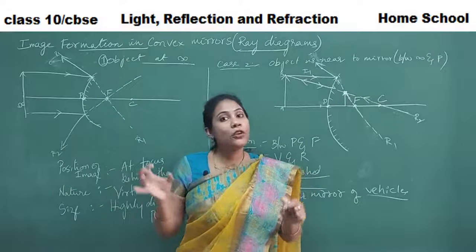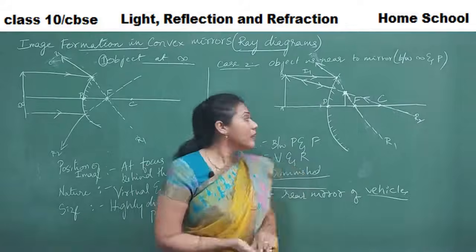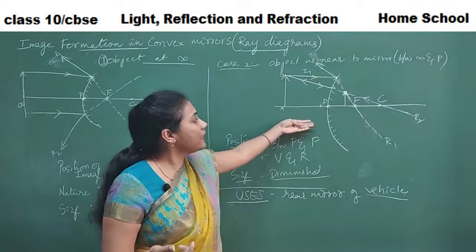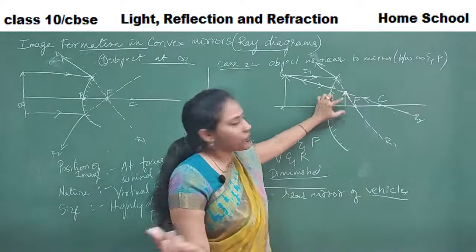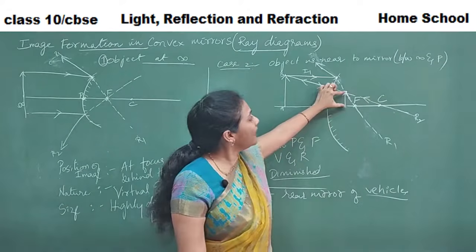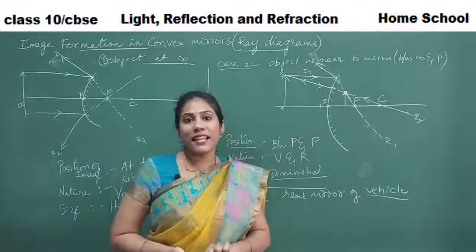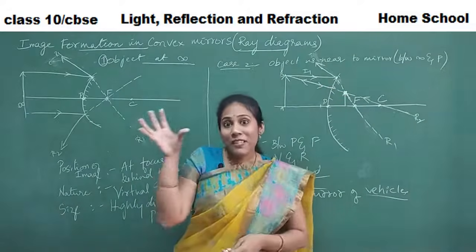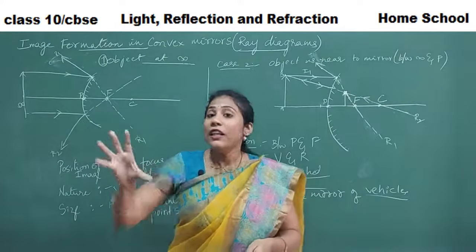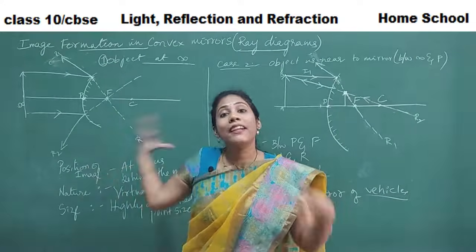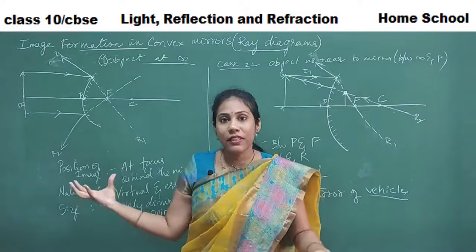That is possible only in case of convex mirror, because you see in this particular case what has happened. The image, full image you get to see, but the full image is there in a smaller size. From a small mirror of a vehicle, side mirror of a vehicle, you can get to see big lorries, big buses. Yes or no?